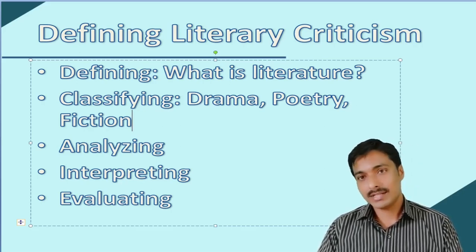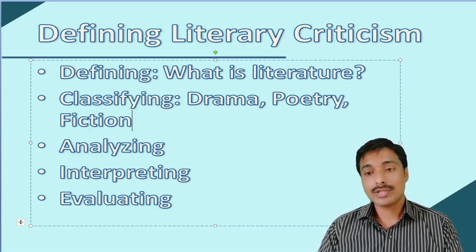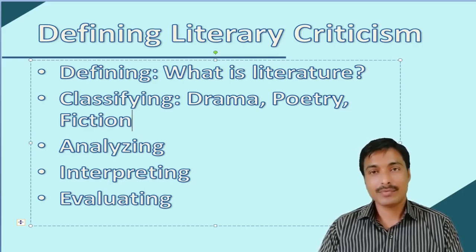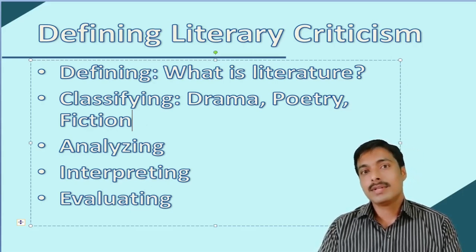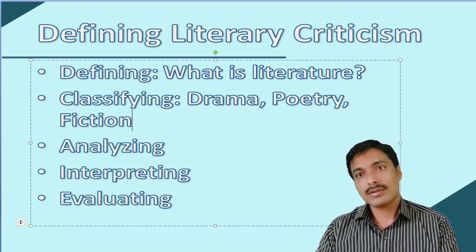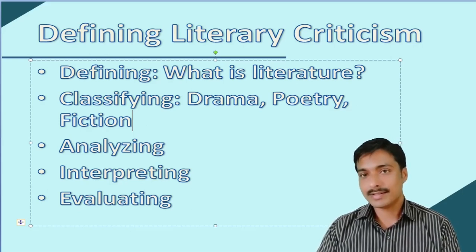In drama, we have tragedy, comedy, tragicomedy, minor genres like farce. In poetry also, we have sonnet, ballad, ode, and so on. So, this classification is a result of a tradition of critical activity in the area of literary criticism.